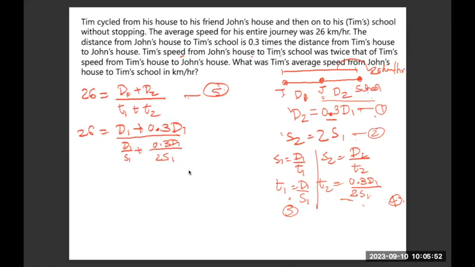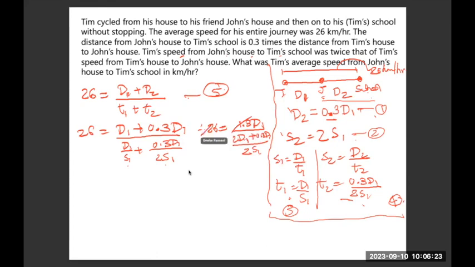Right? So this can also be written as 26 is equal to 1.3 D1 upon, I'll average this out, so I will have 2 D1 plus 0.3 D1 upon 2 S1.